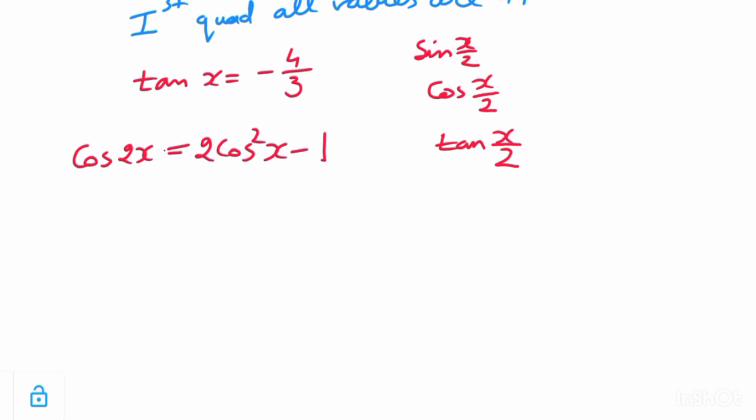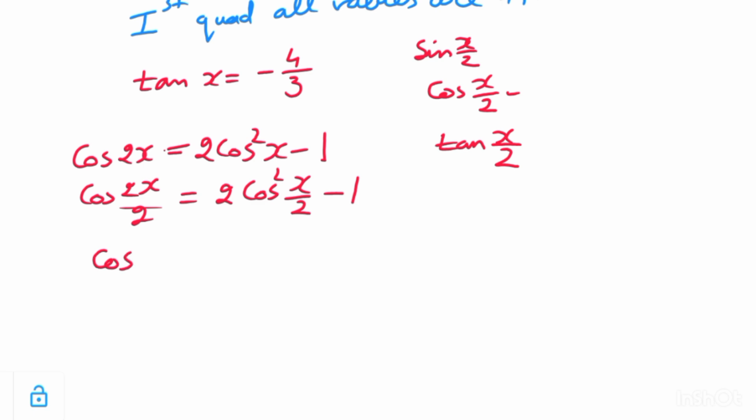Now we need x by 2. So we will divide x by 2. So this will be 2x by 2 is equal to 2 cos square x by 2 minus 1. And this will give cos x is equal to 2 cos square x by 2 minus 1.